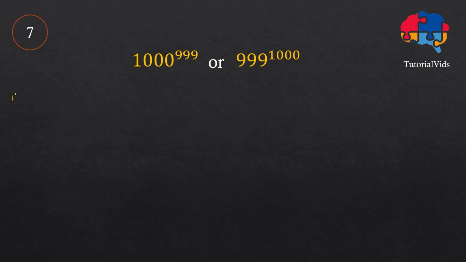Where does it come from? Well, we know if A is larger than B, then the logarithm of A is larger than the logarithm of B. Okay, if I take the logarithm of this, then it is the logarithm of 1000 to the power of 999, which is 999 times the logarithm of 1000.